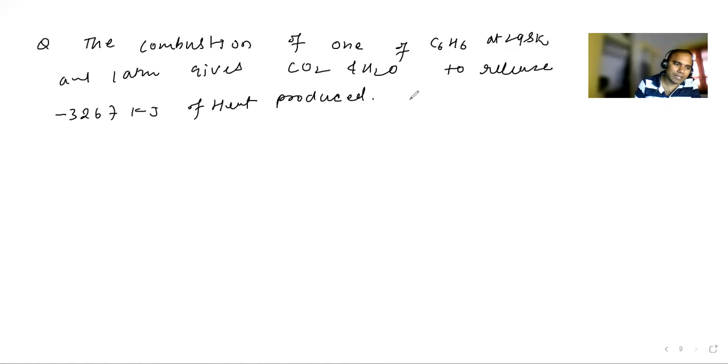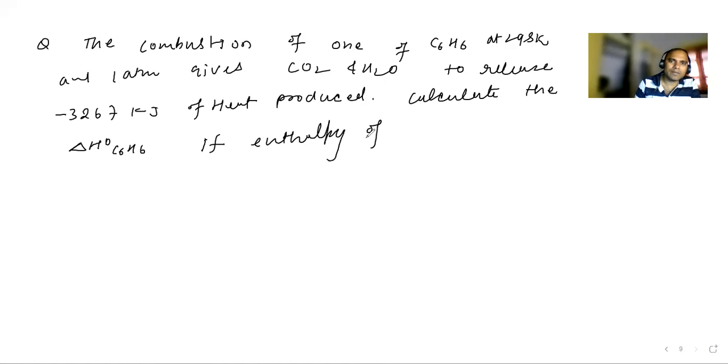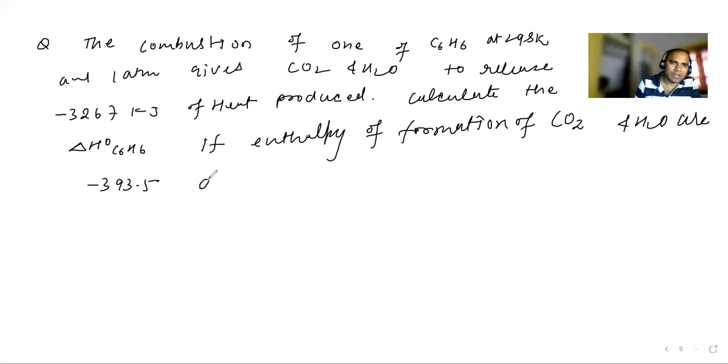Then they are saying: calculate the standard enthalpy of formation of benzene, delta H naught of C6H6. If the enthalpy of formation of CO2 and H2O are minus 393.5 and minus 285.83, they are all in kilojoule per mole, right?